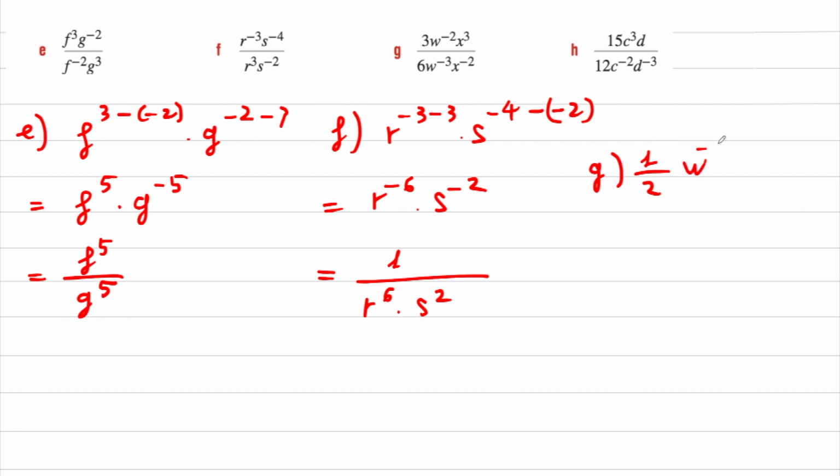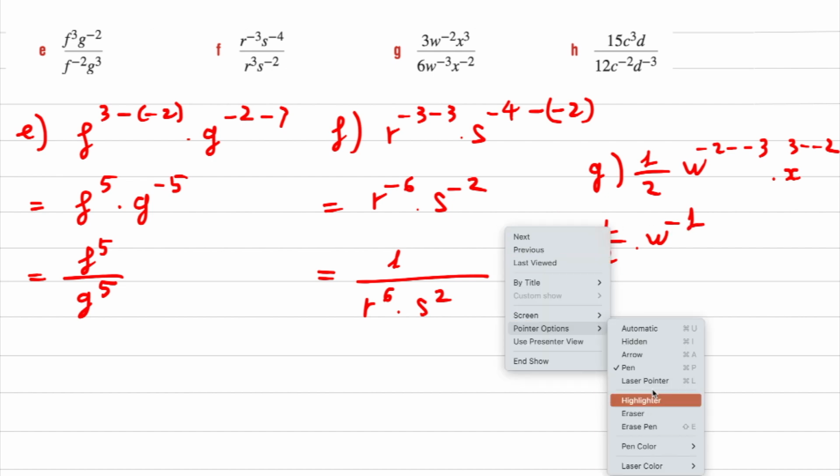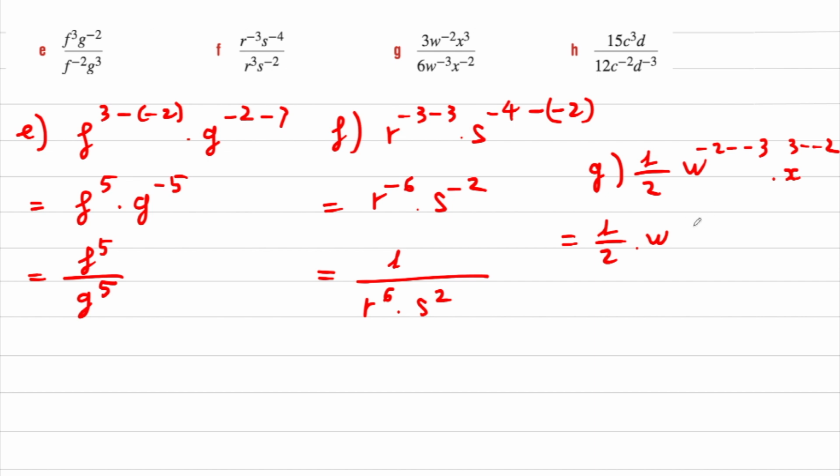And W here, negative 2 minus 3, and h 3 minus 2. So 1 over 2, W minus 1. No, this is not minus 1. This has to be equal to 1. And about X is 5. Yeah. I have the final answer here.